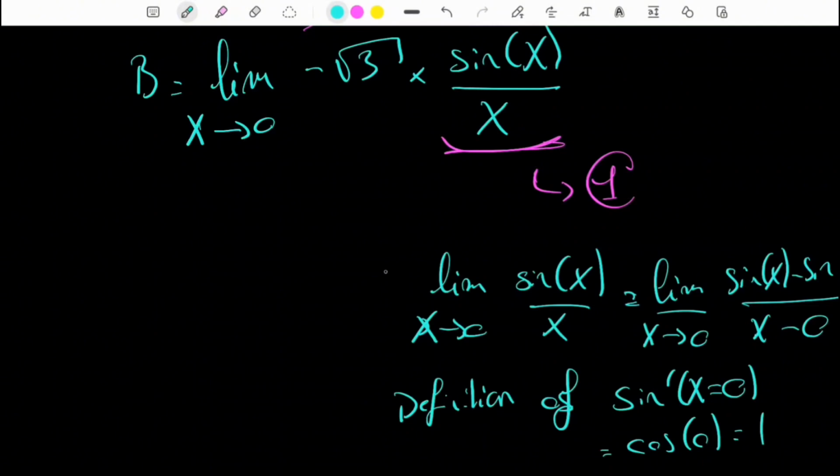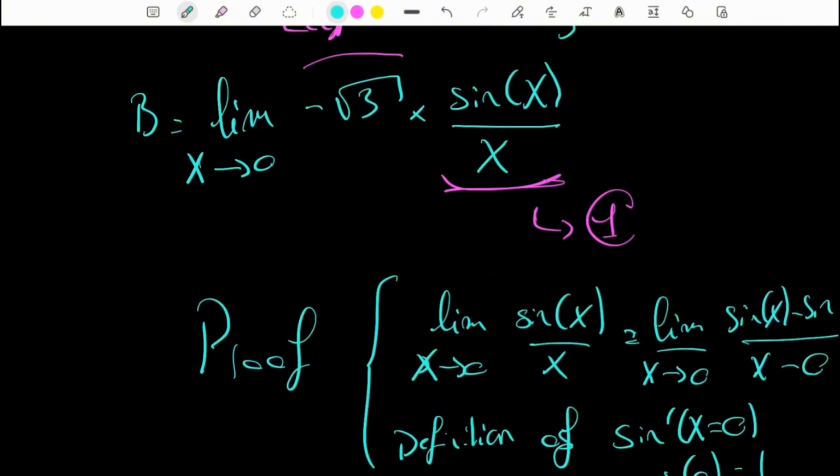So that's the proof. Okay, we don't need it. You need to know this kind of form.